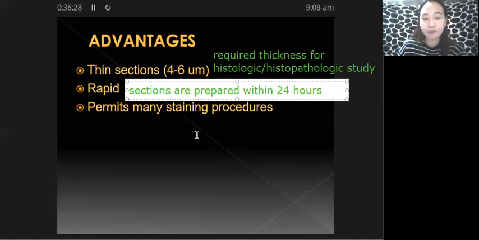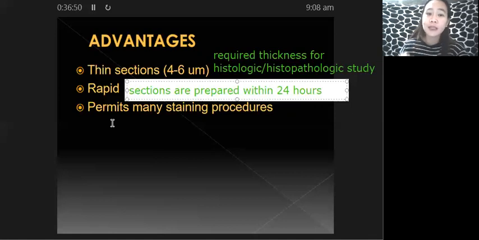Okay, so another advantage of your paraffin wax is that it is compatible with many staining techniques. That means you would have a lot of choices when it comes to the staining procedure that you may use in conjunction with paraffin processing.